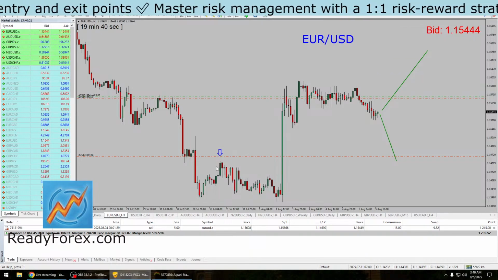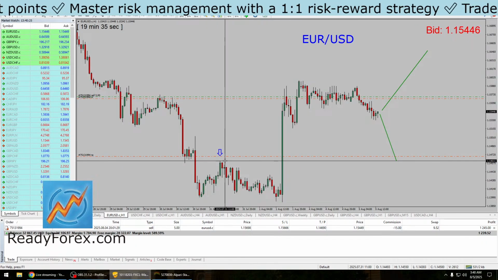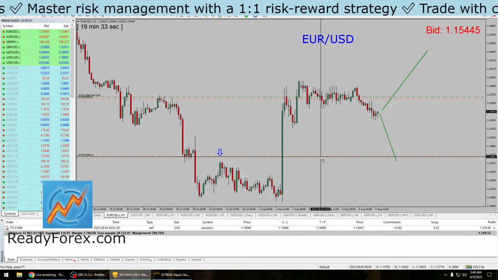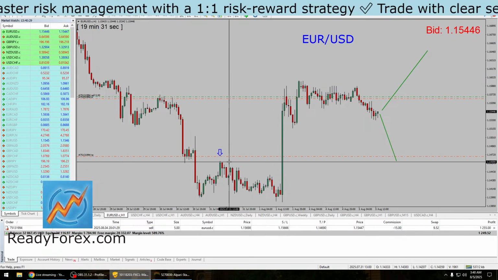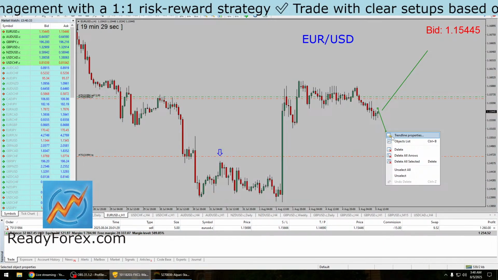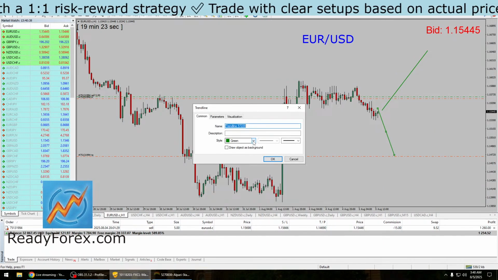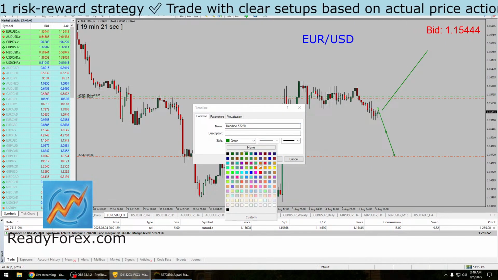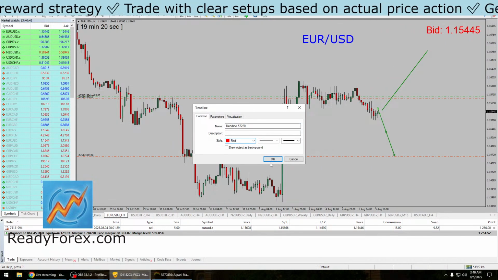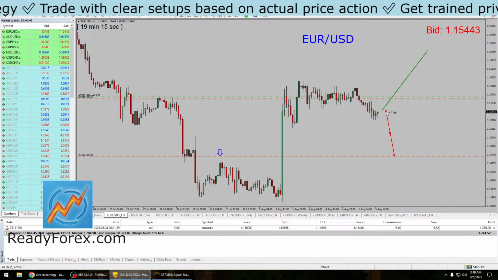This is the old resistance area, so my take profit level is a little bit higher. It's possible that price action is going to drop and reach my take profit level, but I'm safe now. I can sit back and relax and enjoy the ride. Let the market do its thing.